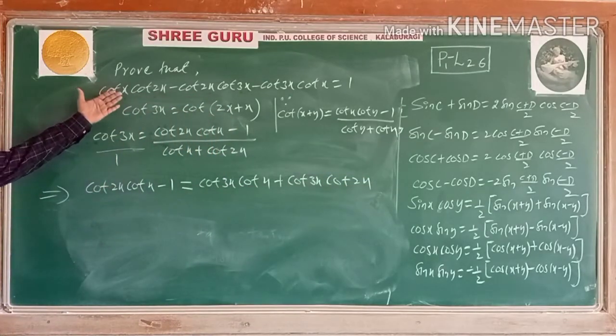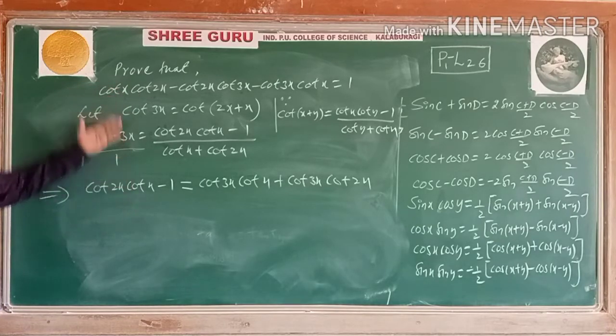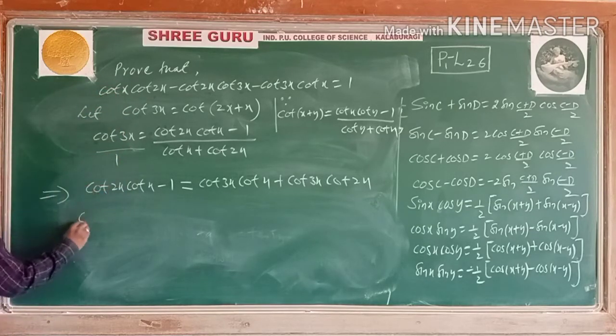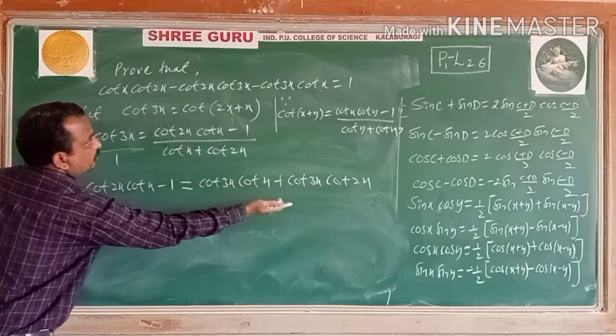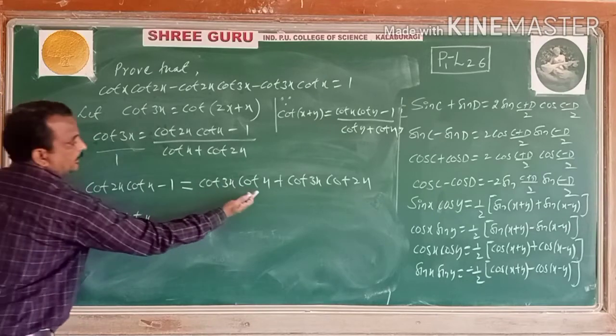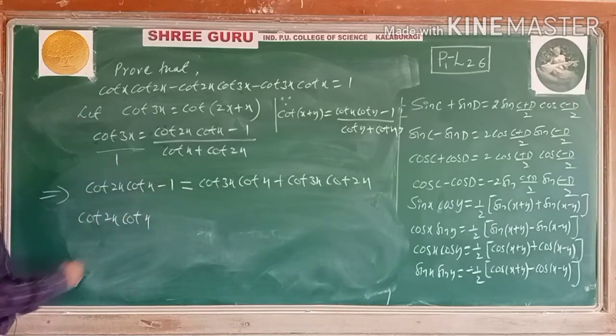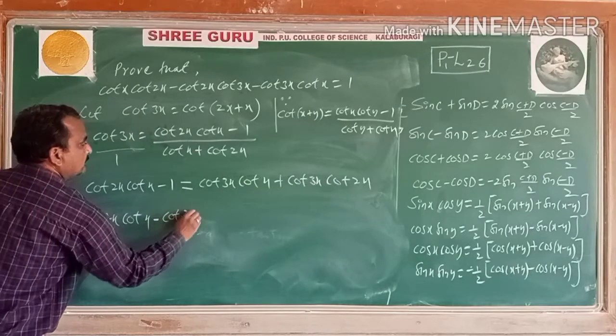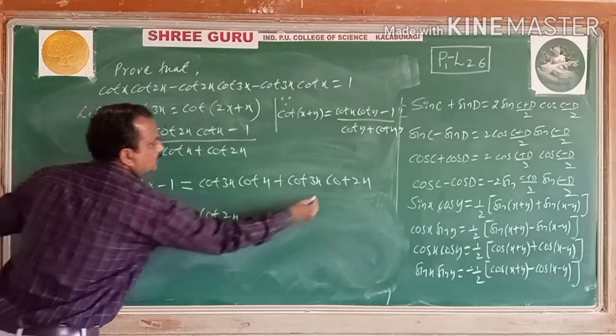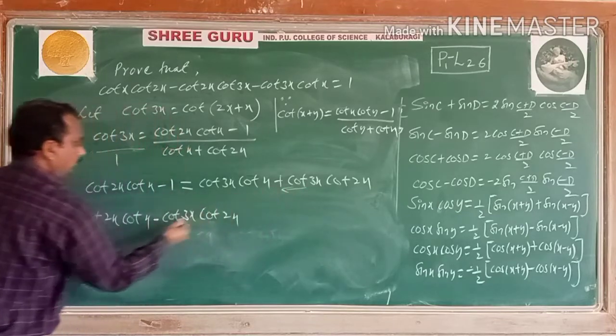Let us arrange according to your need here. This is cot x, cot 2x, this is the first term. Cot 2x, cot x as it is. You take these two terms this side. Here taking this term this side. First I will take this term here. Minus cot 3x, cot 2x. This term taken this side, positive becomes negative.